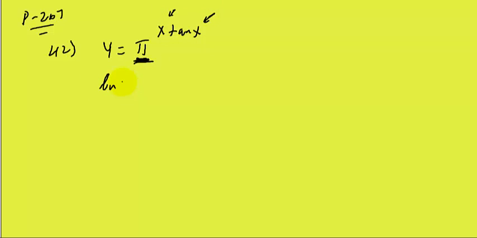Either that or memorize the theorem. I would just ln both sides. When you ln both sides, left side is ln of y, the right side is the exponent comes down, x times tan of x times ln of pi. Good. All I did is ln both sides.